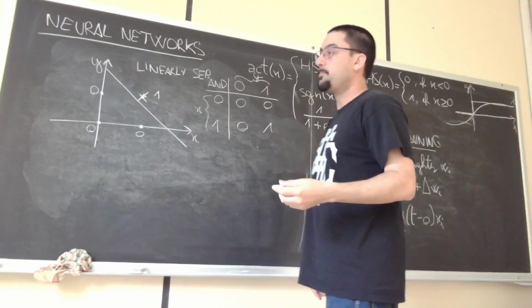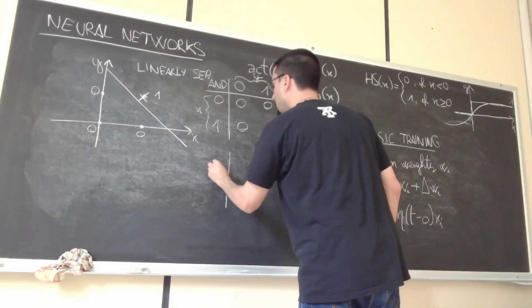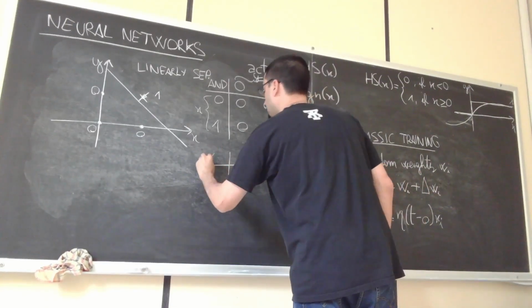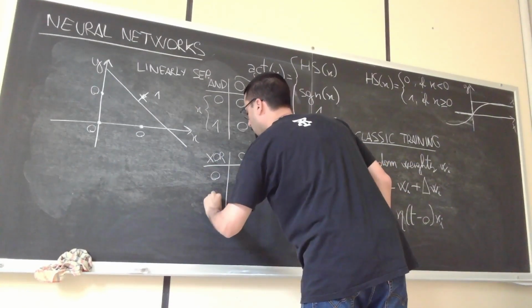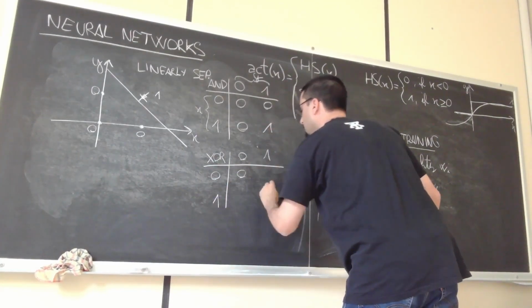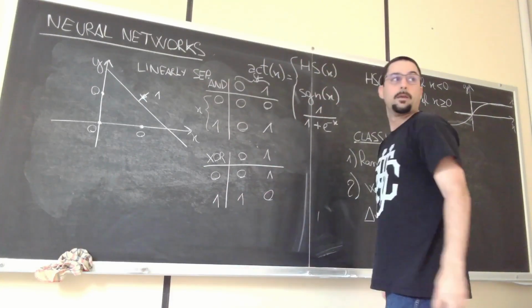What happens, for example, if we choose to learn the XOR with this classic training rule instead? The problem with the XOR is that it is not linearly separable, because we have 0 here, 1 here, 1 here, and 0 here.